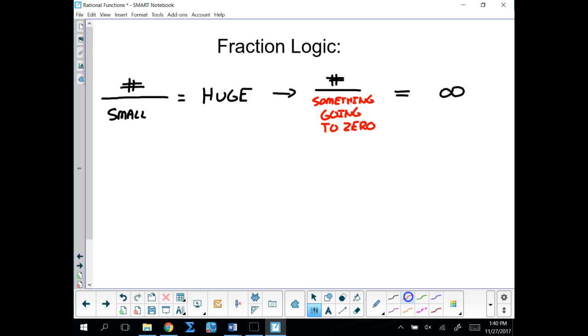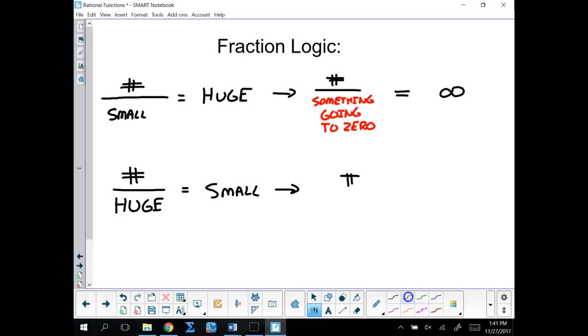Let's change that around. If I take a number and I divide it by a huge number, it's going to get smaller, right? Okay, makes sense. Okay? Because now my denominator is getting bigger, so that means my numerator stays the same, so that's going to become a small number. Okay?